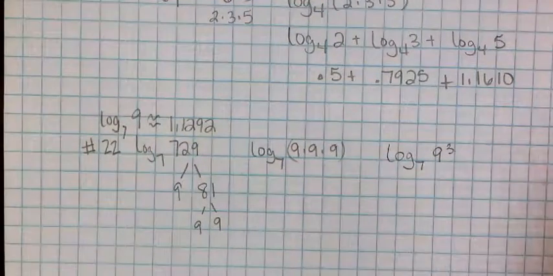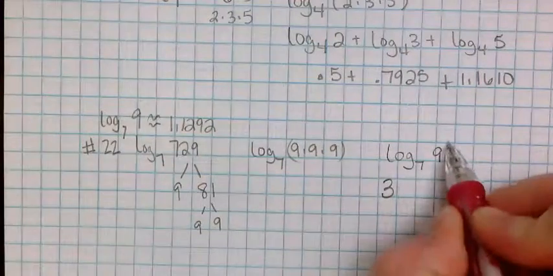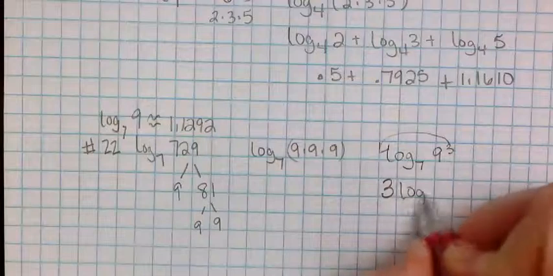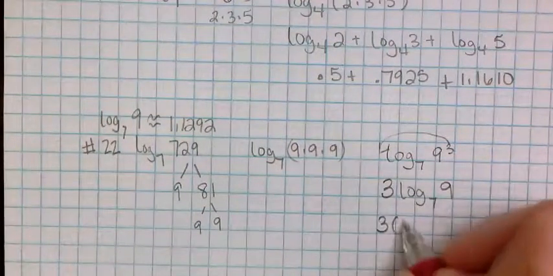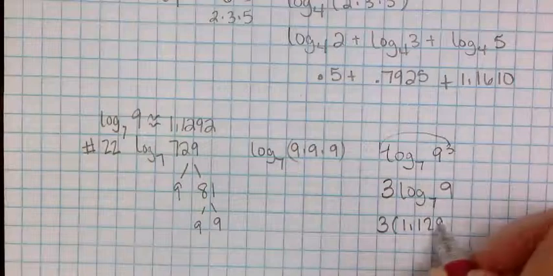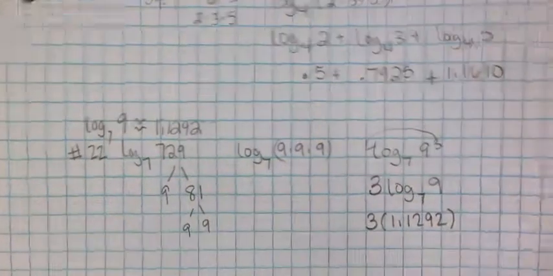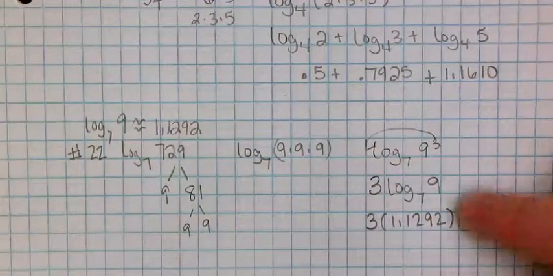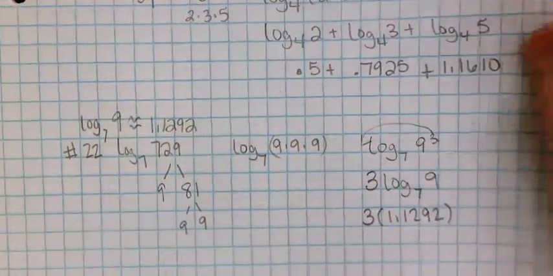I like this one because I can just do log 7 with the 3 in front, so you bring the exponent down, log 7 of 9, which gives you 3 times 1.1292. Either way is correct. You can do it like what we did up here with the addition of 3 9s together, or you can do it with the power. Just get your answer on the calculator and simplify that out.